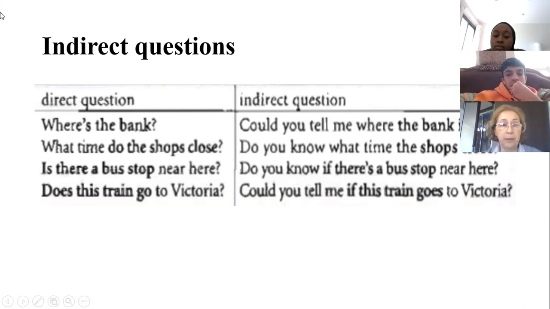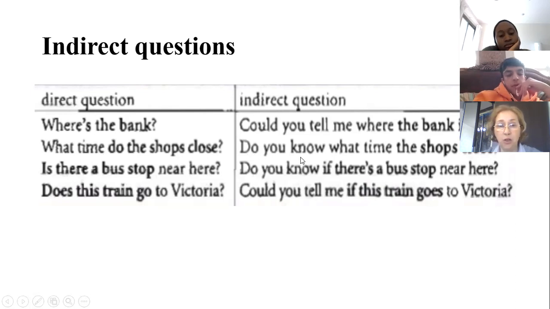So the next example, what time do the shops close? This is the direct question, and it's formed with the help of an auxiliary verb do. So do shows that this is the question.